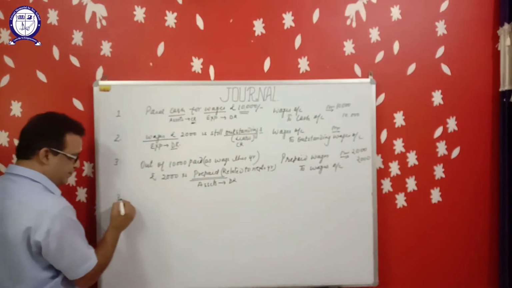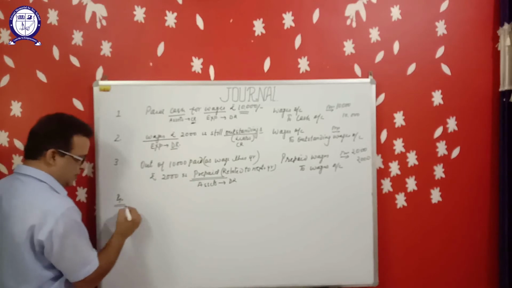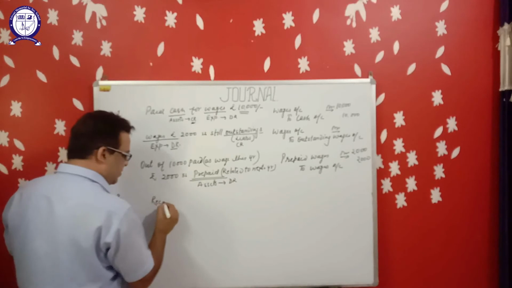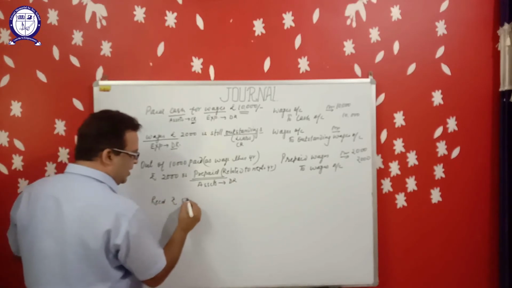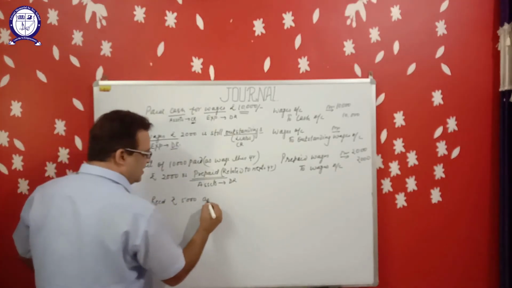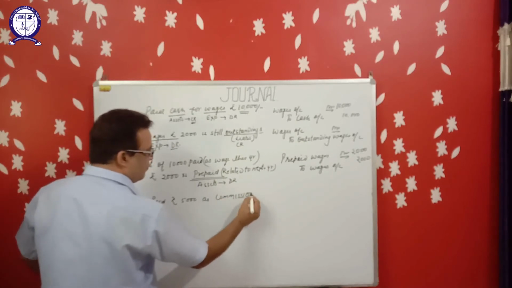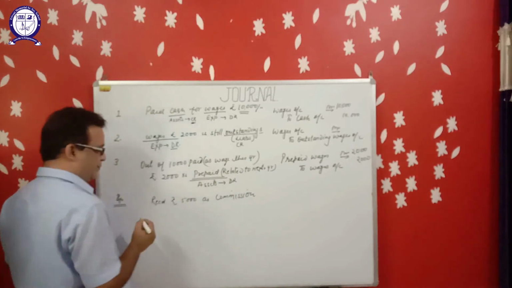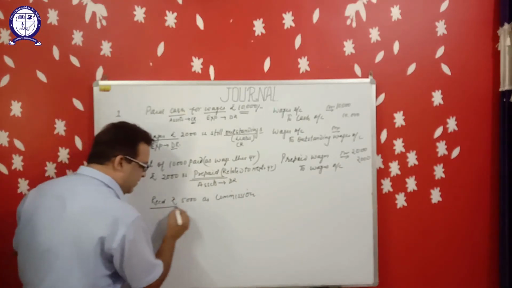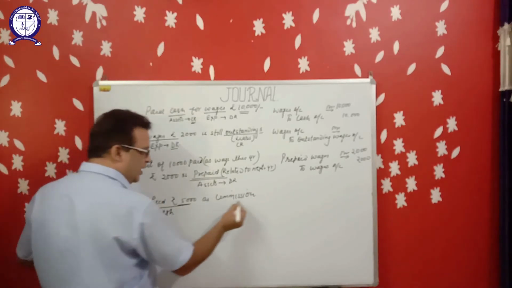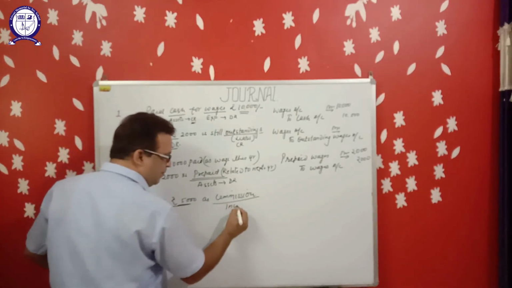Next, suppose we received rupees 5,000 as commission. When the word received is there, that means we have received cash. Commission is an income.